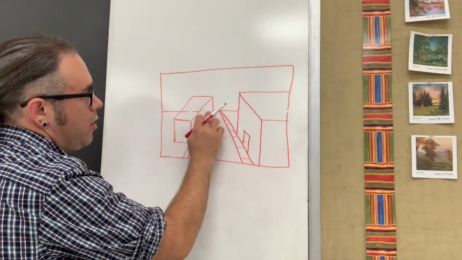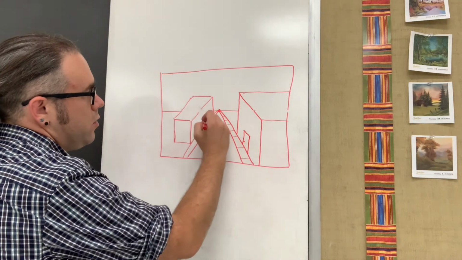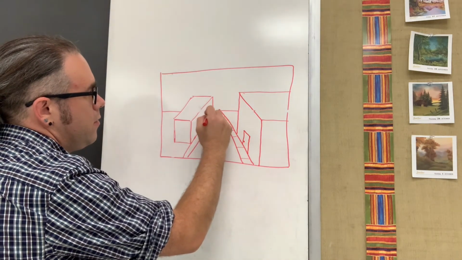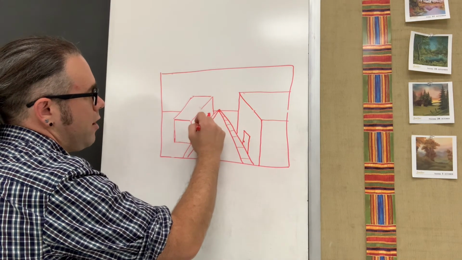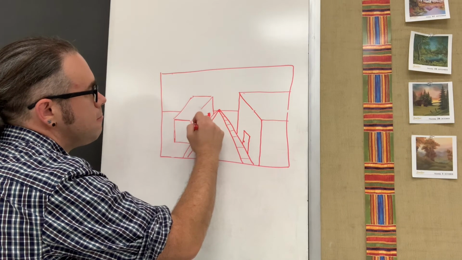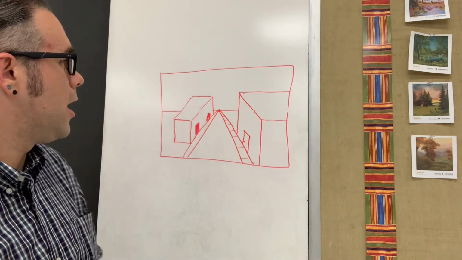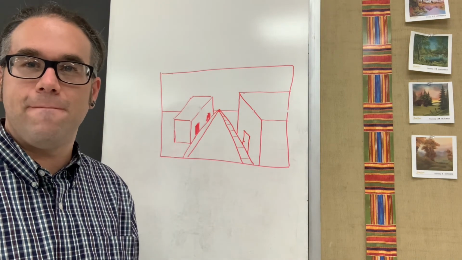Erasing the interior lines from the horizon so that this looks like it's living there. This one will have two doors on it. Okay, now I got buildings across the street from each other, like in a city.